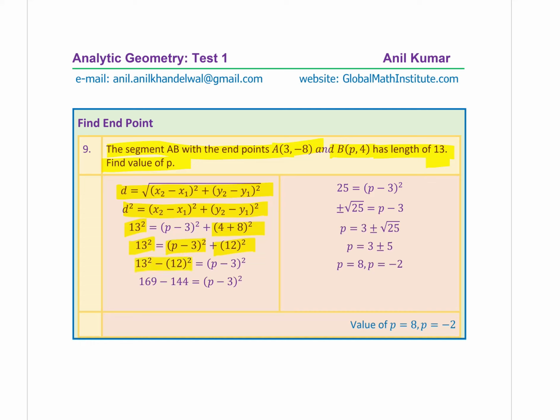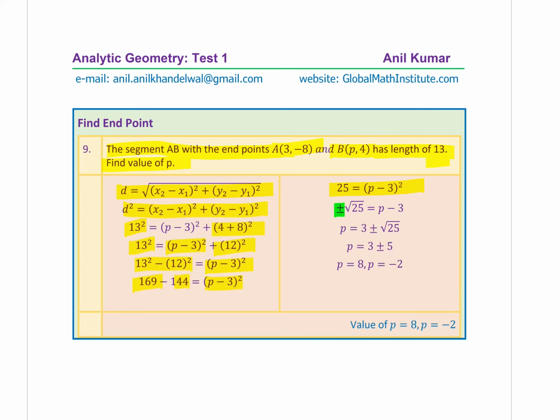So 13 square minus 12 square is p minus 3 whole square, and 13 square is 169, and 12 square is 144, and we get that equals p minus 3 whole square. So we have 25 equals p minus 3 whole square. Now when you do square root, remember you have to do plus and minus, right? You're expecting two solutions.